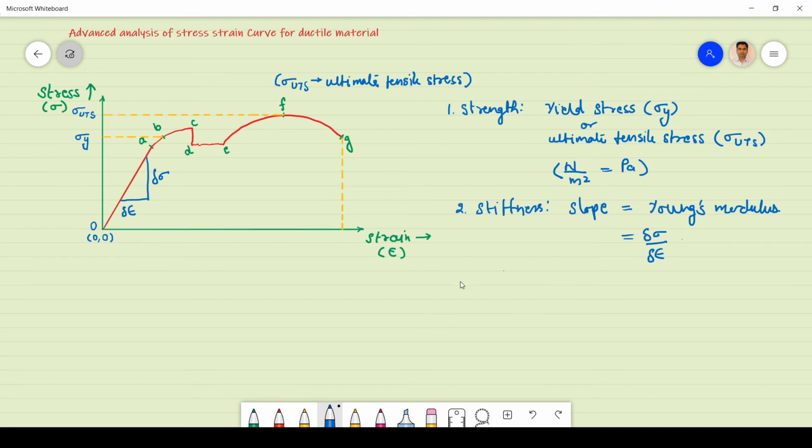Now the third one is toughness. So let me write it here. Toughness. This toughness is given by the area under the curve up to the point G, that is the fracture point. This is actually stress into strain.